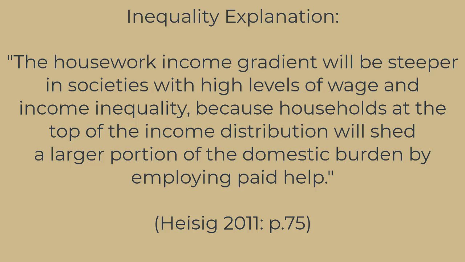And the argument here for the inequality explanation, as Heisig explains it, is that when there's greater inequality, that leads to a certain set of people at the top having a lot of disposable income or disposable wealth, the amount they've saved over time or the amount that they get per unit time. They have more money to spend.